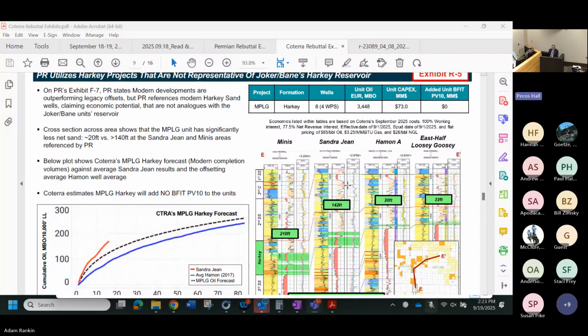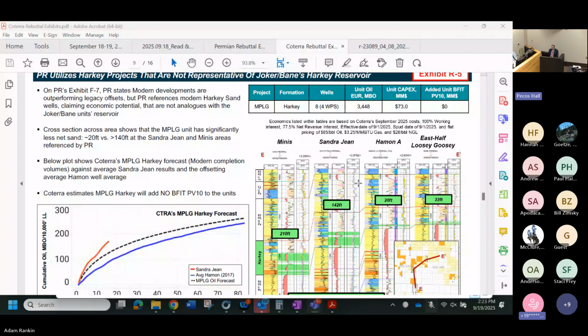Okay. And in none of Coterra's direct testimony in its direct case did any of Coterra's witnesses address the Harkey wells. Is that true? We did not address it because we didn't think it was worth addressing something that adds zero value. Okay, so it was not part of your case in chief, correct? When you say case in chief, we don't list the wells in our development plan.